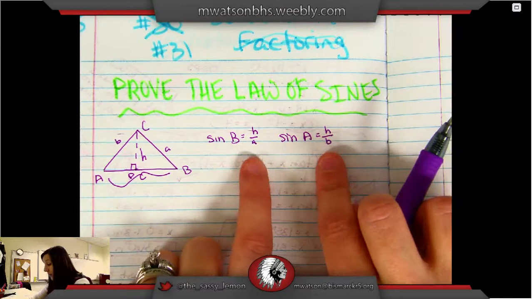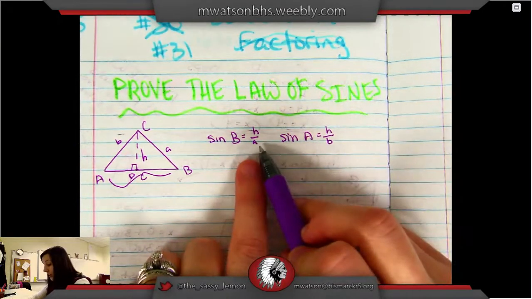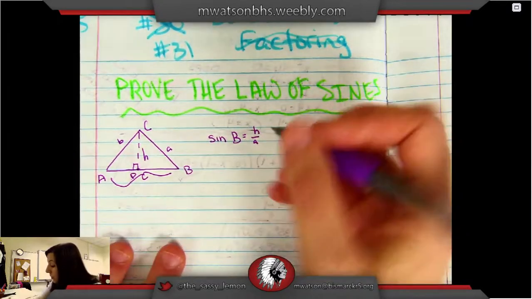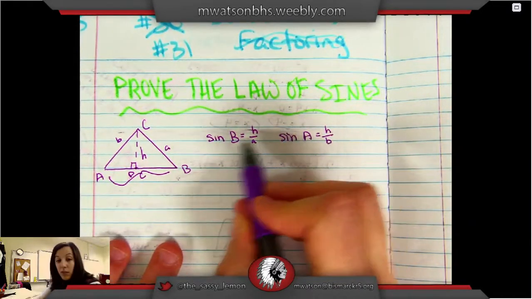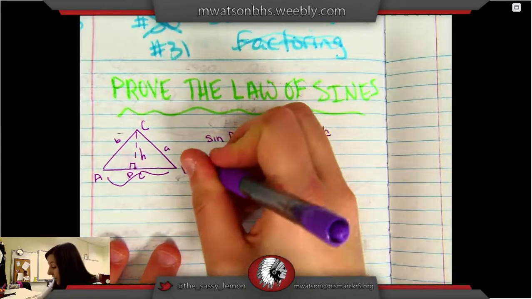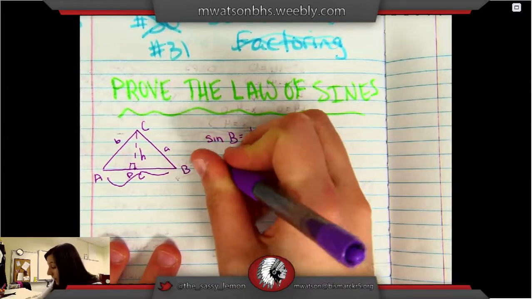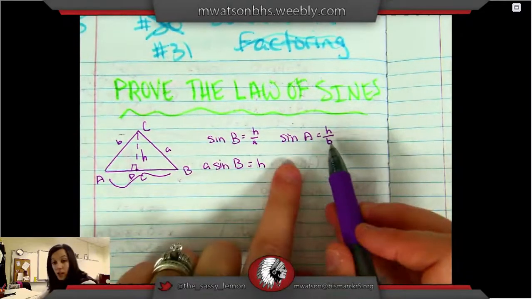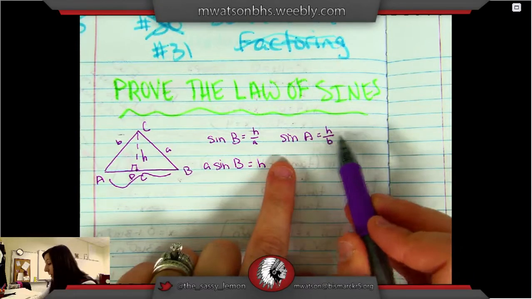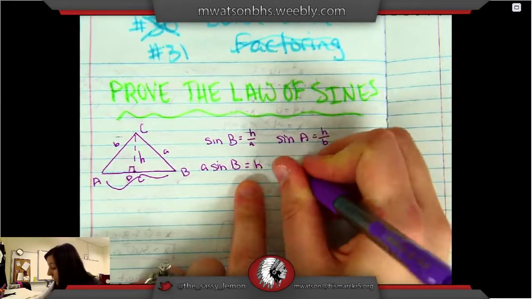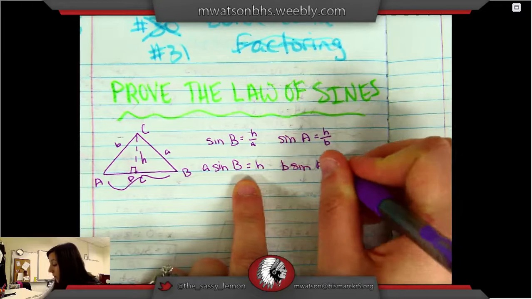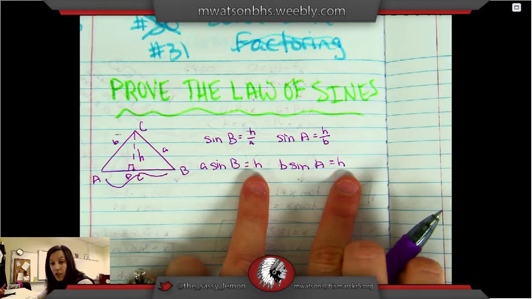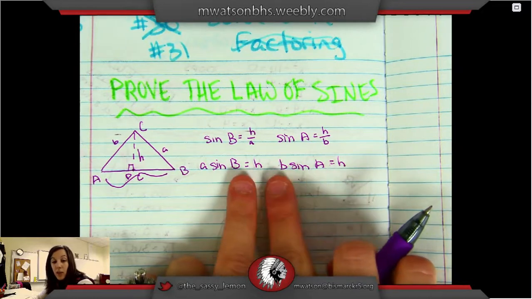So what I'm going to do is solve for H. I'm going to multiply by A on both sides of this little equation, and I get A sine of B equals H. And in this equation, again, I'm going to solve for H, and I'm going to multiply by B on both sides, so I get B sine of angle A equals H. So now I've got two equations, both set equal to H. If they both equal H, that means they equal one another.